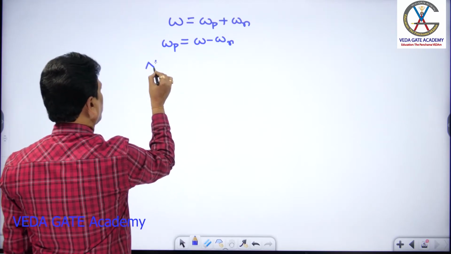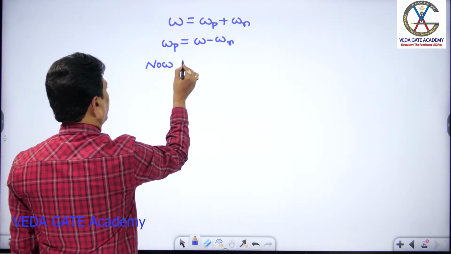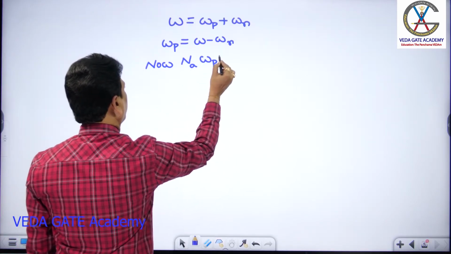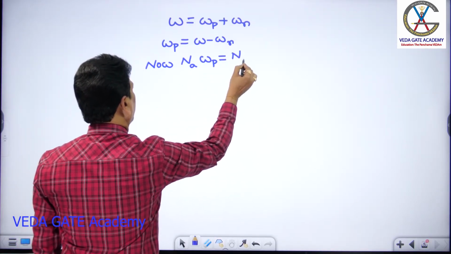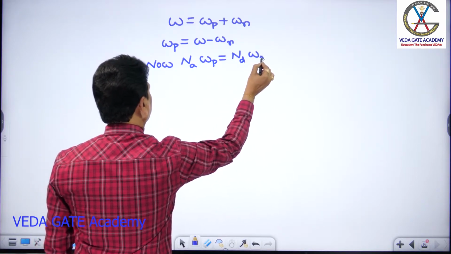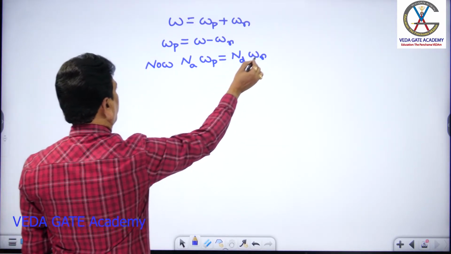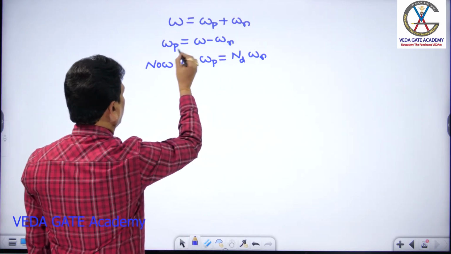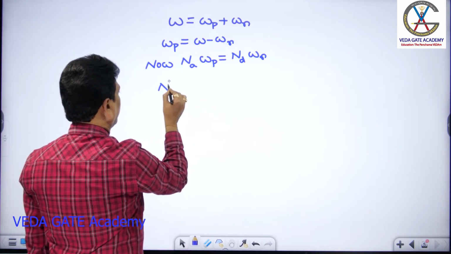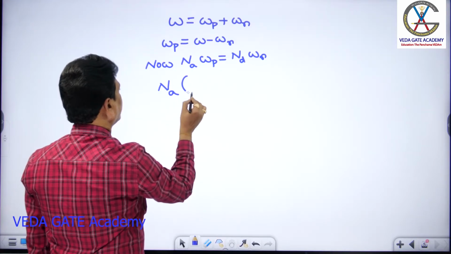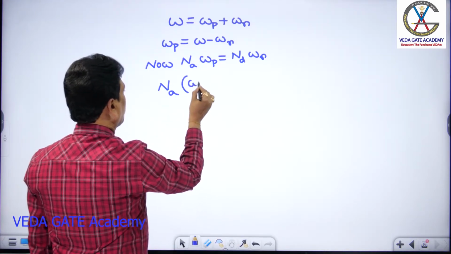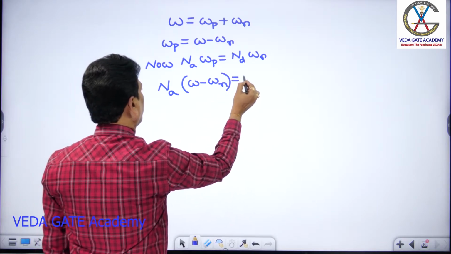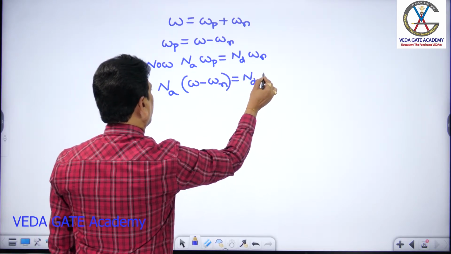Now, one relation you already know: Na into Wp equals Nd into Wn. Now I substitute this Wp value here: Na into (W minus Wn) equals Nd into Wn.